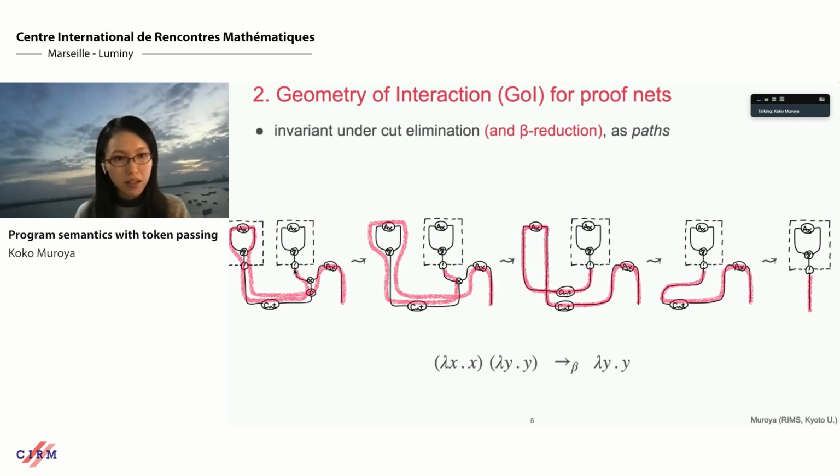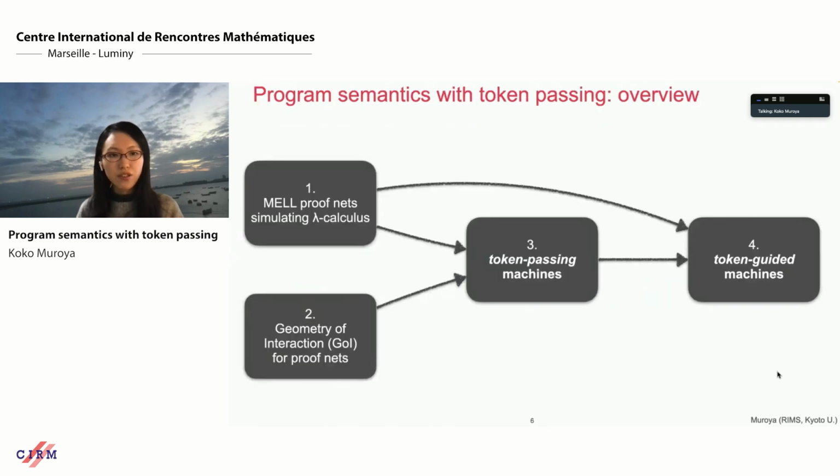This path changes a bit, but survives through cut elimination steps. At the end, the corresponding path is just a very simple path here. So this data is what geometry of interaction can provide. In a sense, using geometry of interaction, we can give semantics of lambda calculus as well as proofnets. So these are the two things that I wanted to recall first.